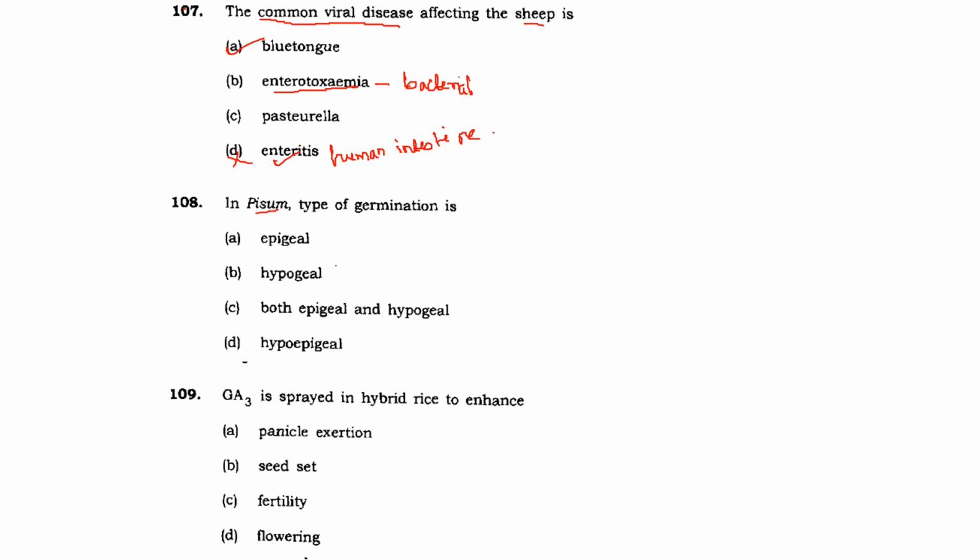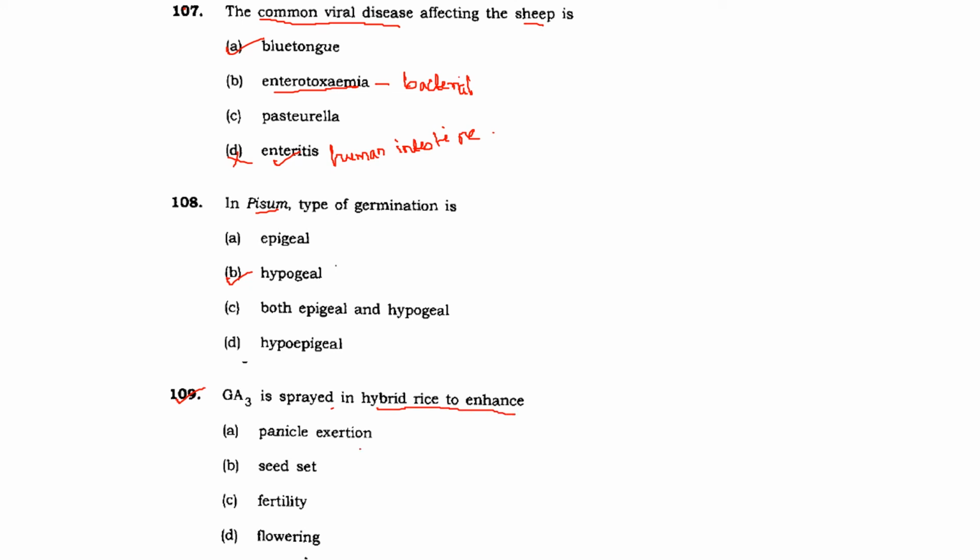108. In Pisum, the pea plant, type of germination is, it will be hypogeal germination. 109. The GA3, which is the most common gibberellic acid, is sprayed in a hybrid rice to enhance what?